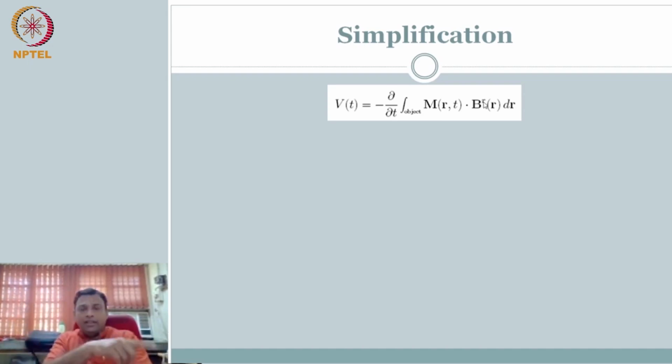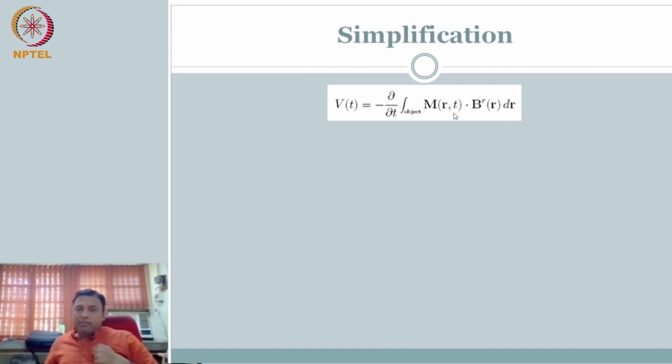Therefore, it is not dependent on where it is. If it is homogeneous, or uniform, we assume that BR, by reciprocity, is uniform. Then we can have just BR instead of BR of r. It is sensitive to each location equally.